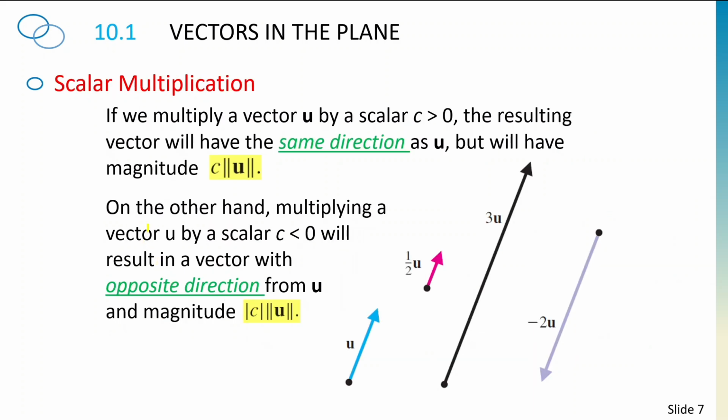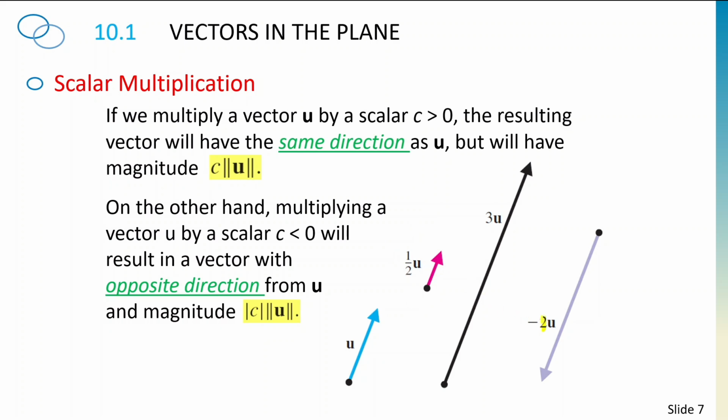So for scalar multiplication, I'm multiplying by a scalar, by a constant. That constant either makes the vector larger if it's more than one. Let's say that we start with the blue one, u. If I multiply by 3, this is 3 times taller than u. If I'm multiplying by half u, this is half the length of u.